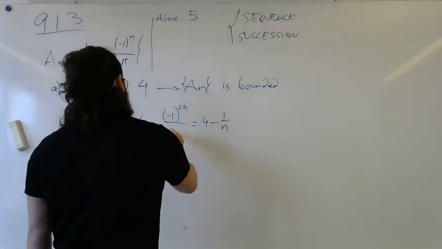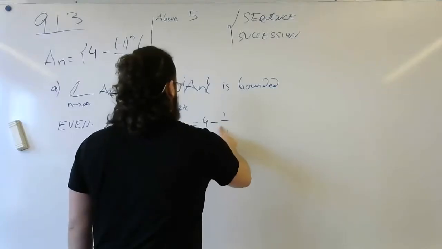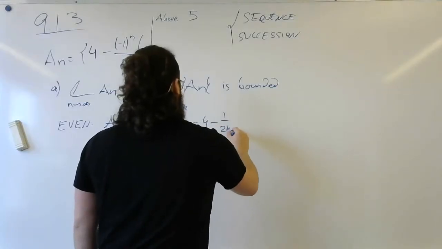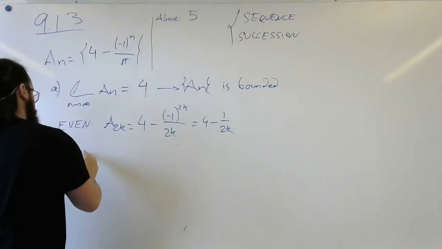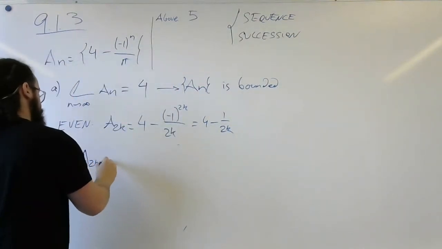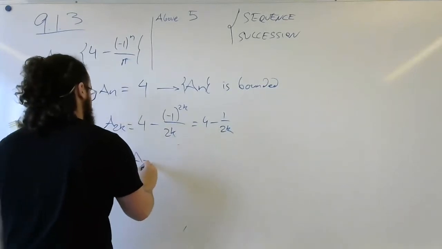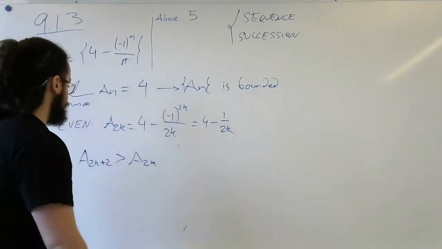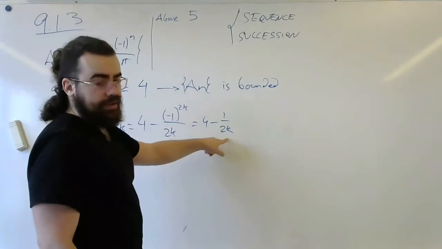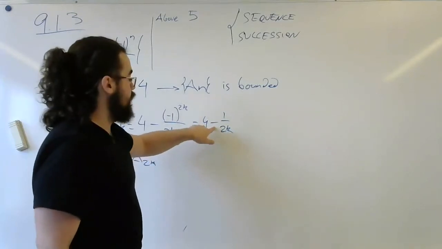Sorry, 2k. And from here, immediately we notice that a 2k plus 2 is greater than a 2k. Because this fraction is smaller, but they have minus the fraction.